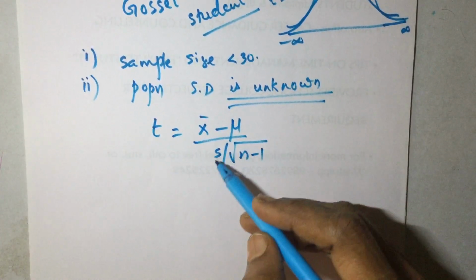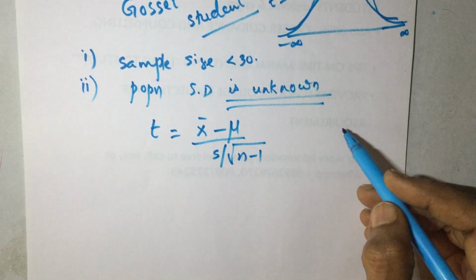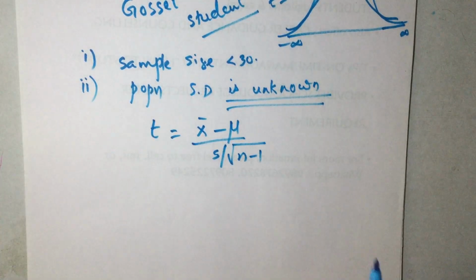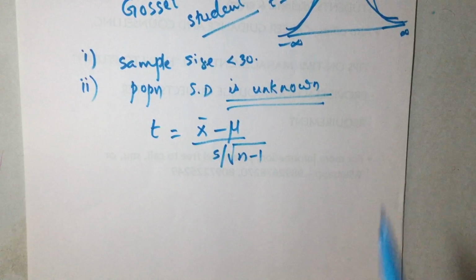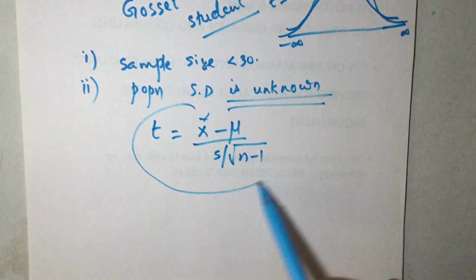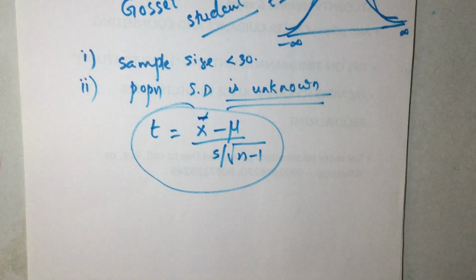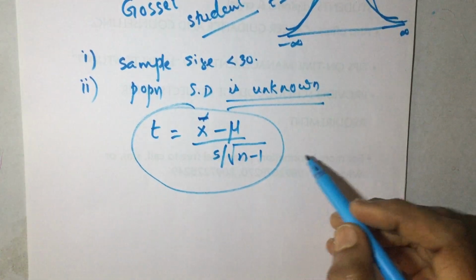The actual formula here has S as capital S, taking into consideration some other terminology, but the test statistic used for the t distribution is x bar minus mu divided by small s upon square root of n minus 1.